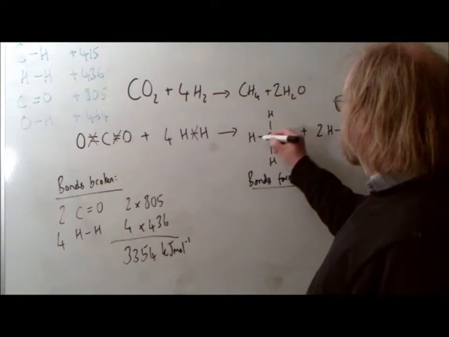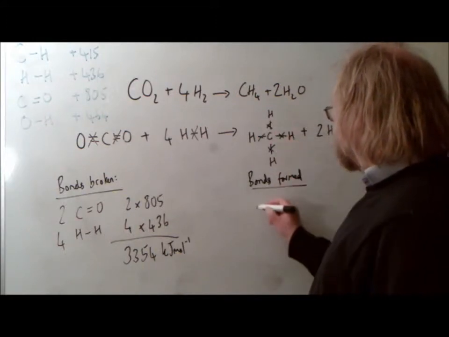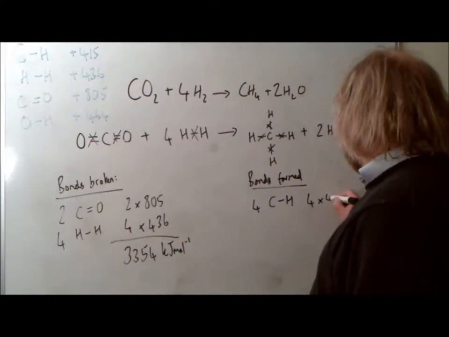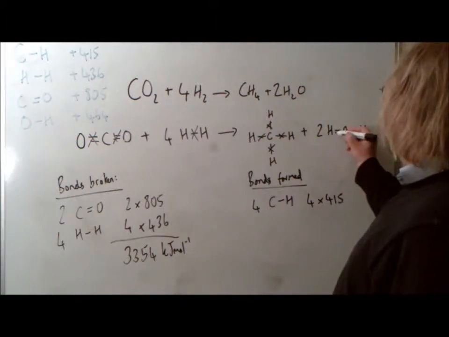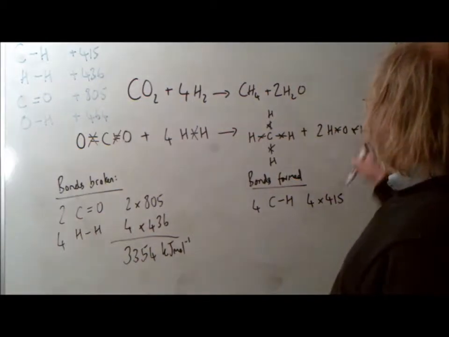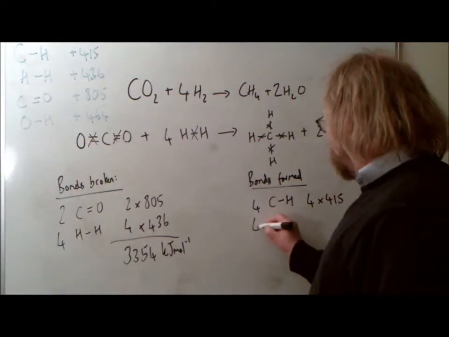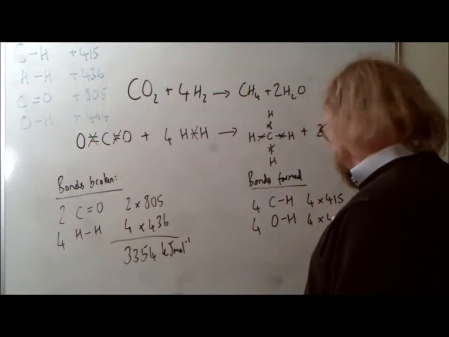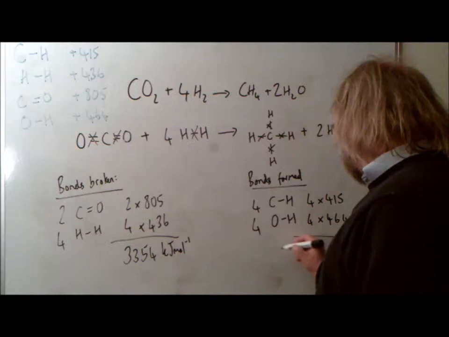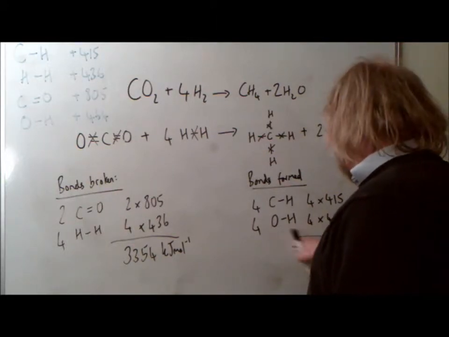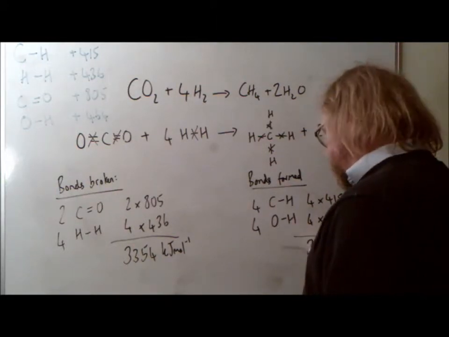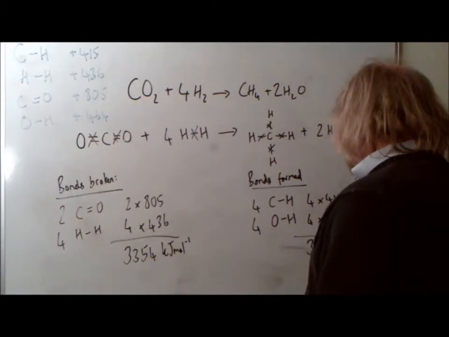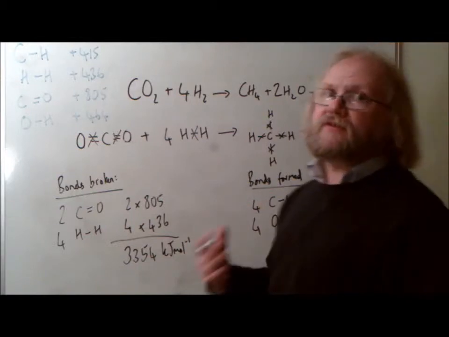So this time we have 1, 2, 3, 4 CH's, which is 4 times 415, and we have 2 OH's in each molecule, so that's 4 OH's altogether, which is 4 times 464, and that comes to 3516 kilojoules per mole.